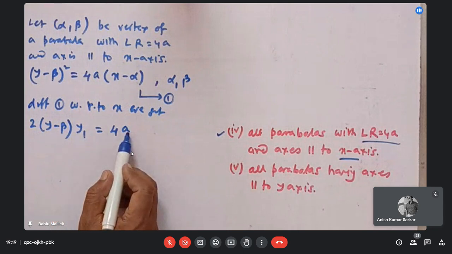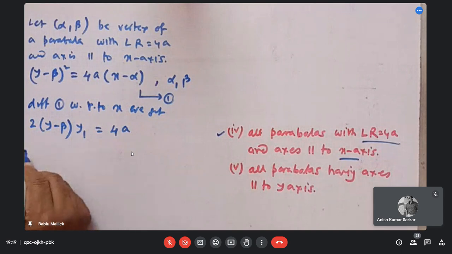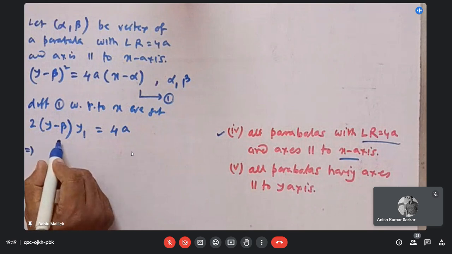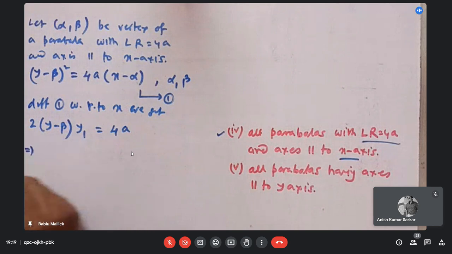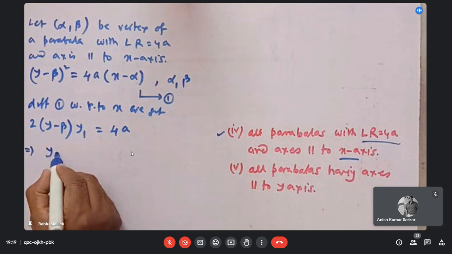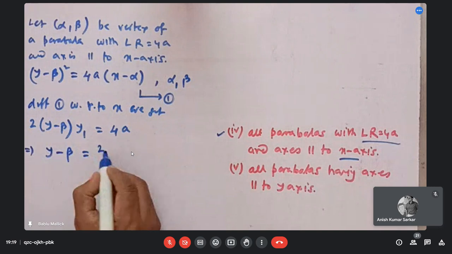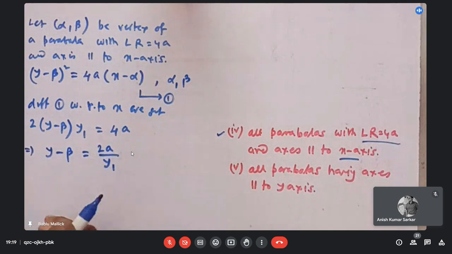Here alpha is already eliminated. Now our aim is to eliminate beta, so we shall try to keep beta free from x and y. So we are getting y minus beta is twice a divided by y1.